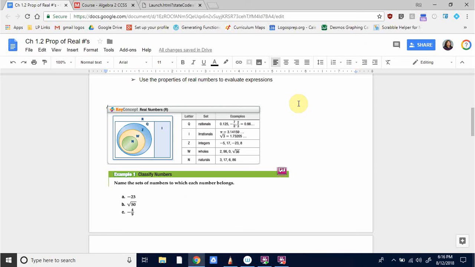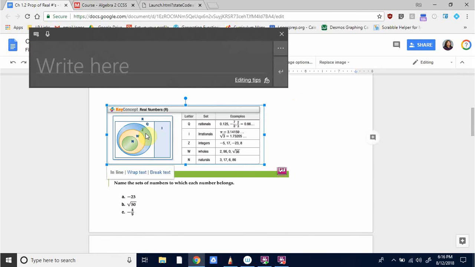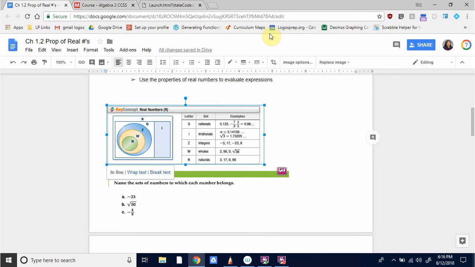So let's name the sets of numbers to which each of these belong. Example 1. So -23, is it a natural counting number? No. Is it a whole number? No, because there are no negatives in whole. Is it an integer? Yes. Is it a rational number? Yes. Irrational? No, but it's a real.